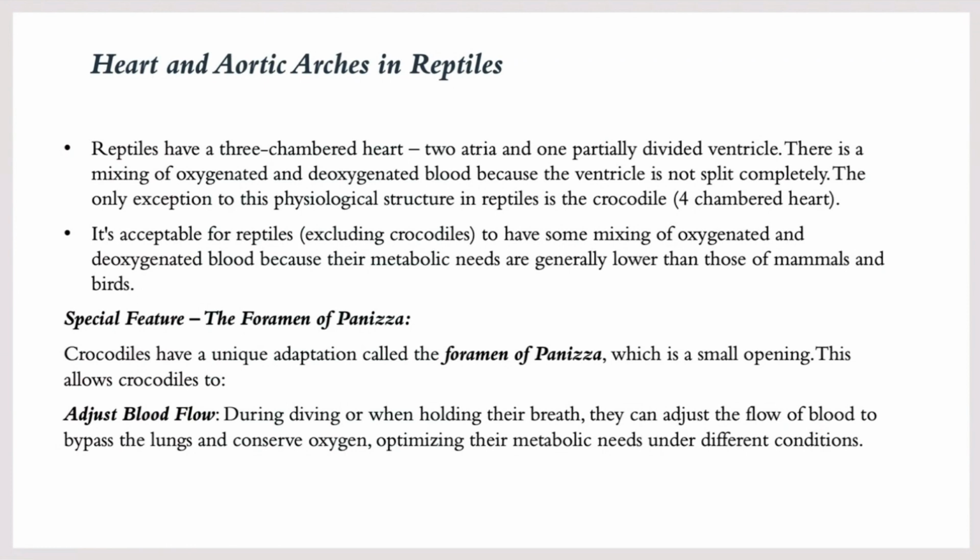Another interesting thing about the crocodiles is they have something called a foramen of Panizza, and this foramen is a small opening. This allows the crocodiles, when they're diving in water, to hold their breath, and at the same time, they're also able to adjust the flow of their blood so that the blood doesn't go to the lungs, and in this way, they're able to conserve oxygen.